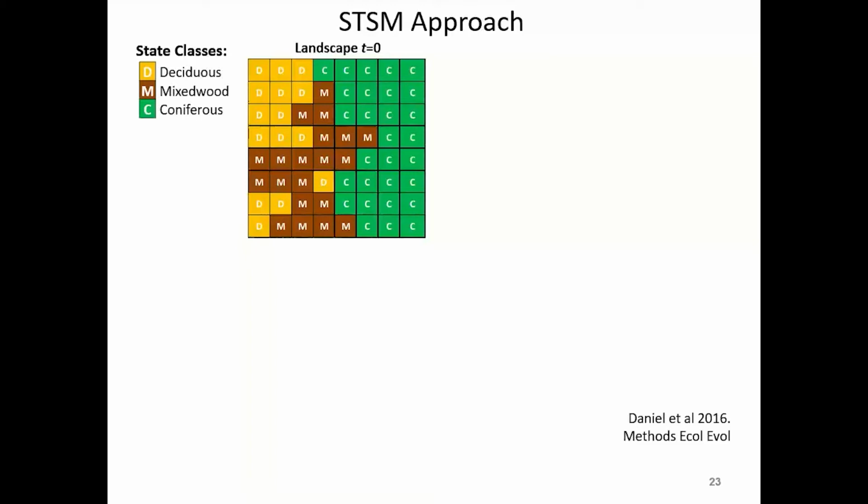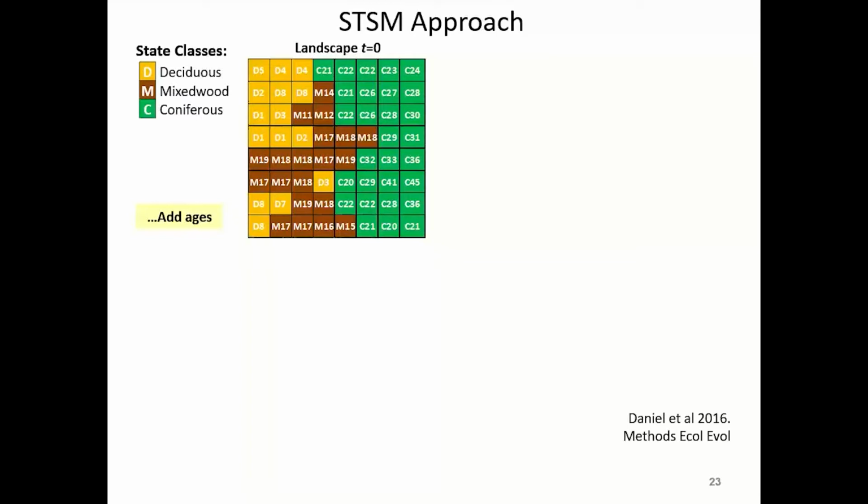You have to decide on a nomenclature or a currency for representing what we call states that each of these cells can be in at any one point in time. In this example, I've decided to classify my landscape into 3 possible states, but these can be anything you want. You also have the option to assign an age to each cell in your landscape. That's optional, but it's available.